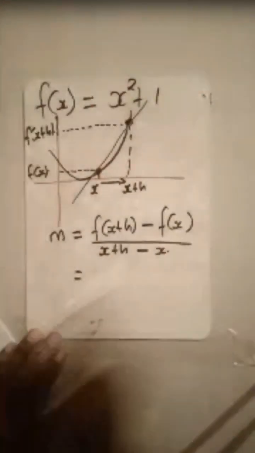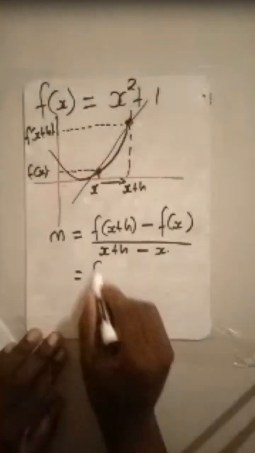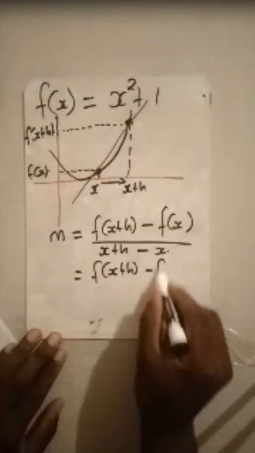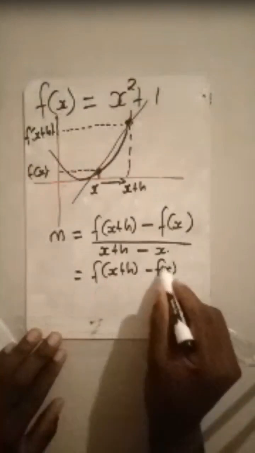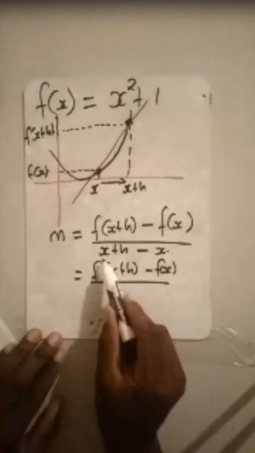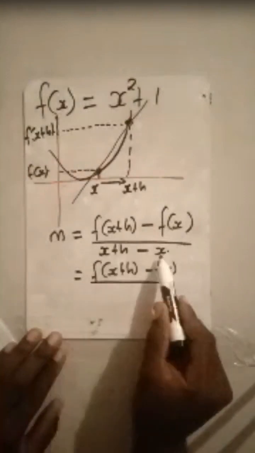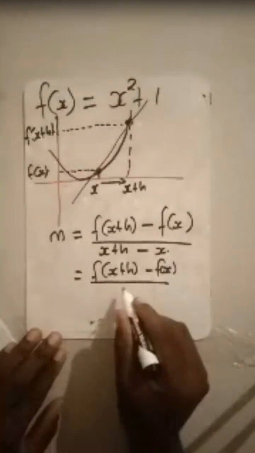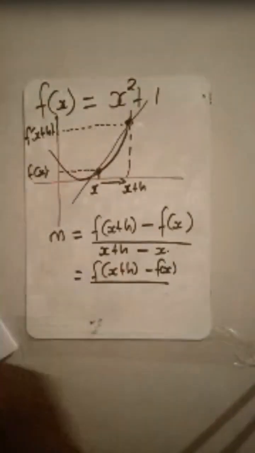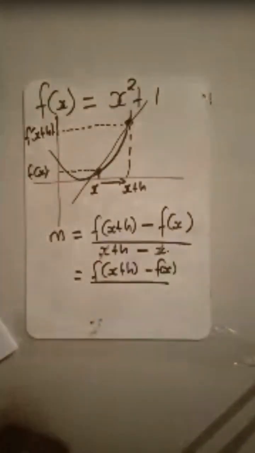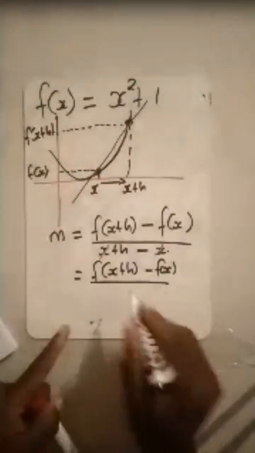Now if we simplify that, we are going to get f of x plus h minus f of x over, now we see that in the denominator there we have like terms, which is x and minus x. Then these ones are going to cancel out because x minus x gives us 0. Then we are left with h.